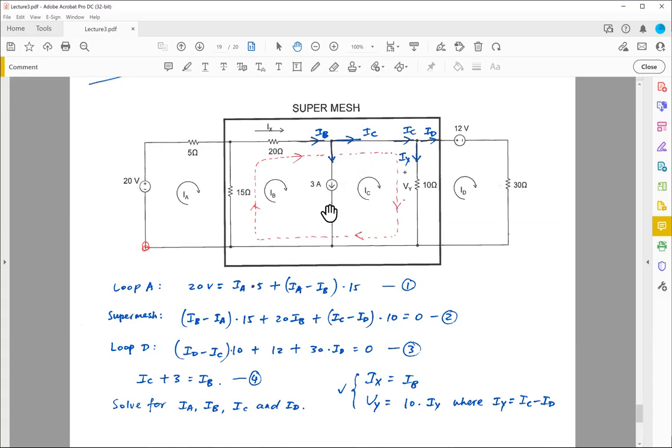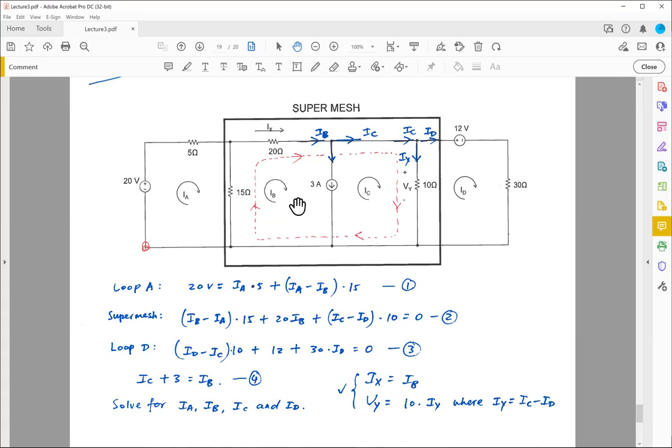Now, if I replace this guy with a resistor, then I can just carry out the analysis like before. If I have a resistor here, I can do IB minus IC times whatever this resistor is. Just like this 15 ohm resistor, you do IB minus IA times 15. But in this case, I don't have a resistor there.